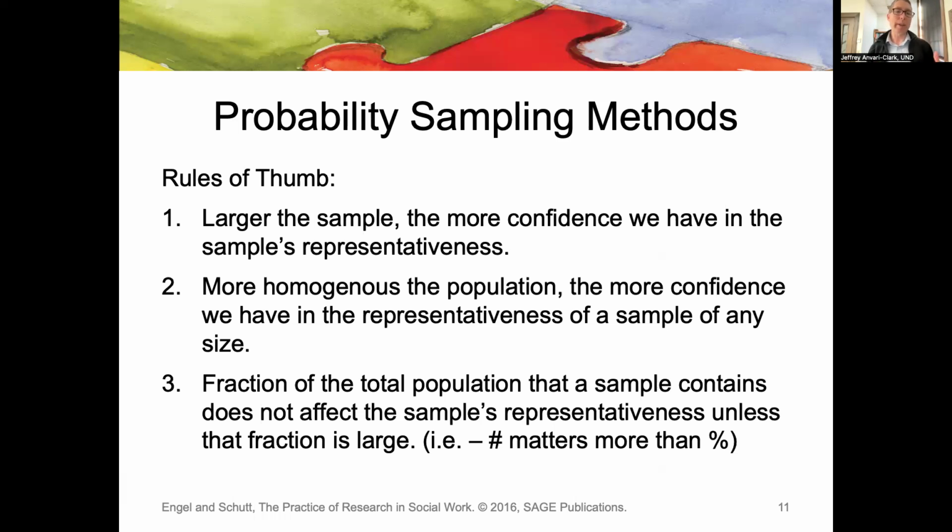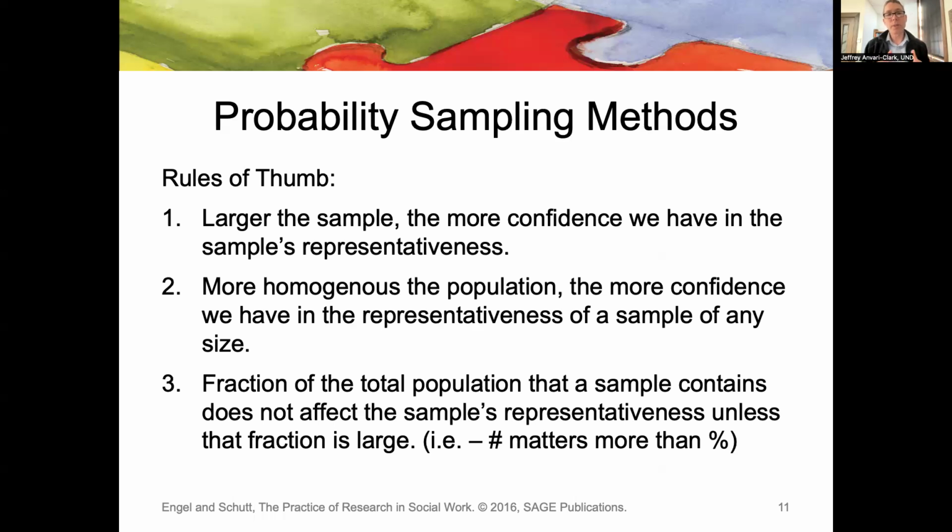We also know that the more the sample is the same, so if we're talking about white men who are heterosexual and married, and that is the population we're interested in studying, then the more confidence we can have that they are truly representative.